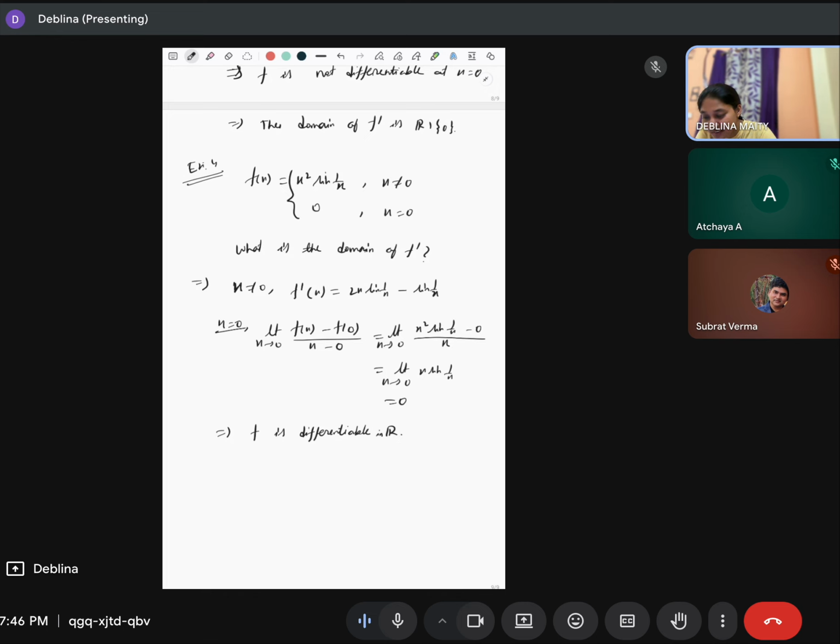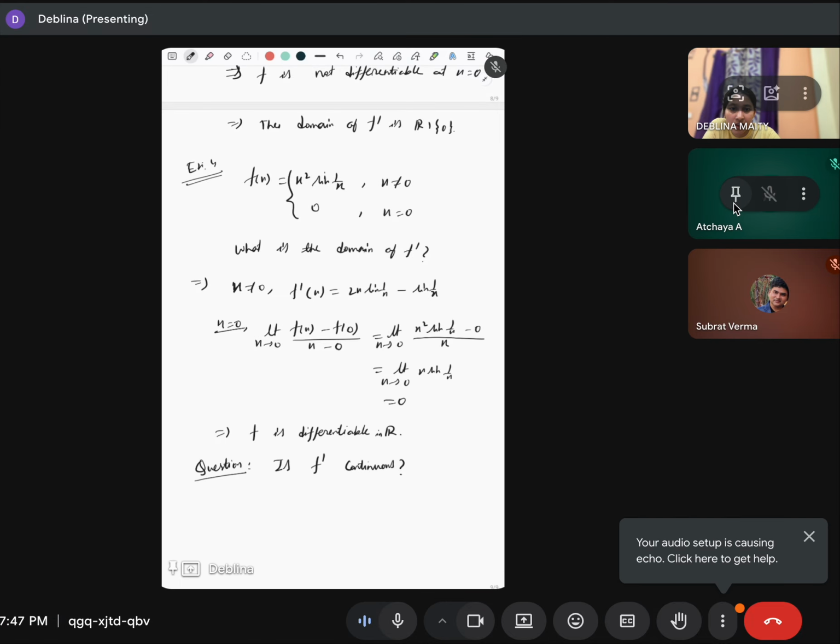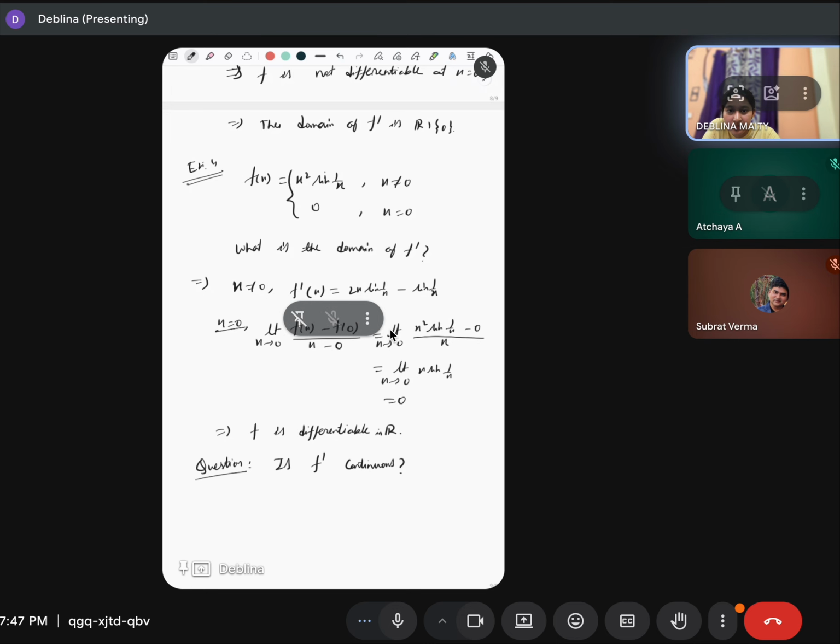Now, is this function f dash continuous? f dash exists everywhere in R. Now is f dash continuous? Yes, ma'am, it is continuous. Why? Is it continuous at the point 0?